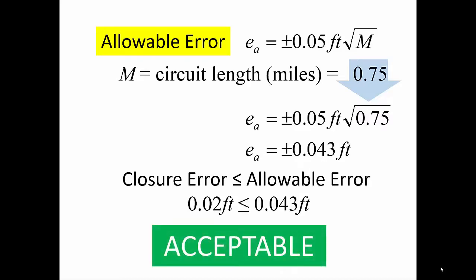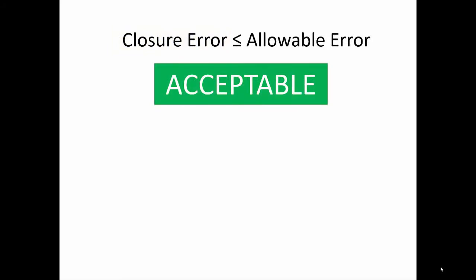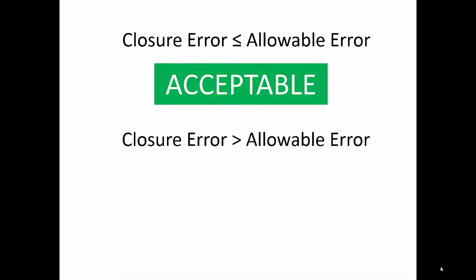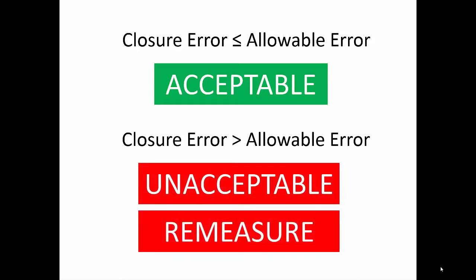However, if the closure error were to exceed the allowable error, the closure error would be unacceptable. The remedy then is to remeasure the circuit in part or in whole until the error source is discovered and corrected.